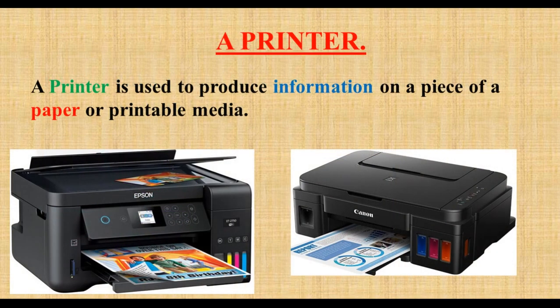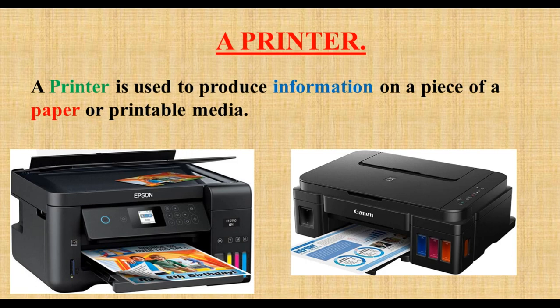Other computer hardware devices, we have a printer, and a printer is used to produce information on a piece of paper or printable media. So you can use a printer to produce information on paper.